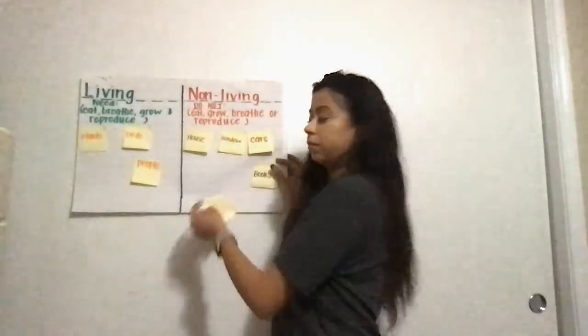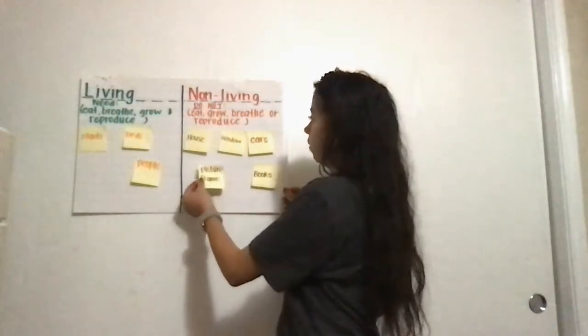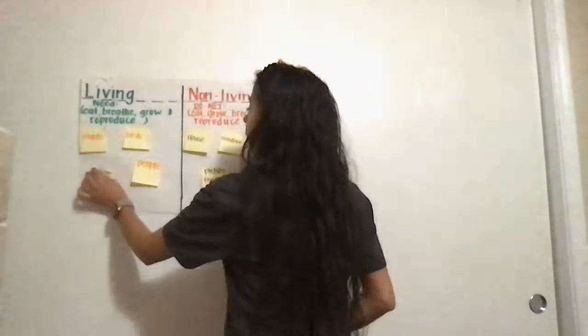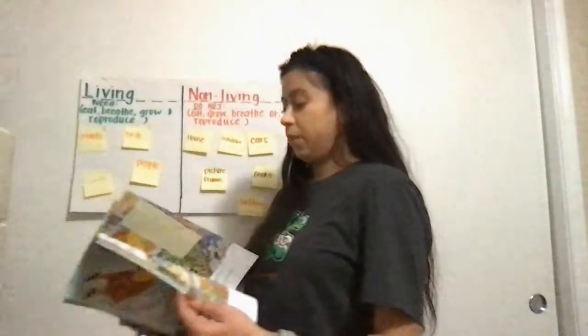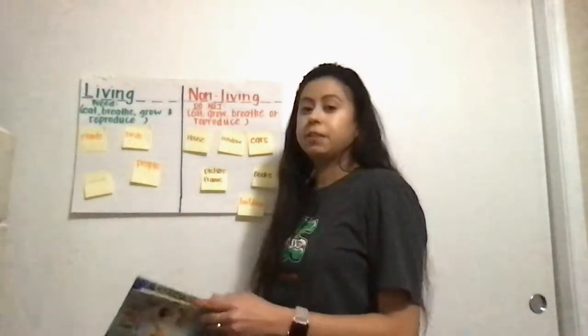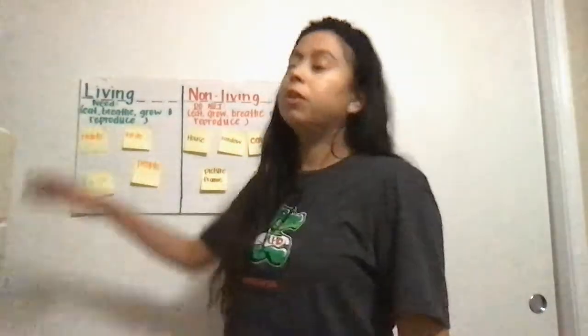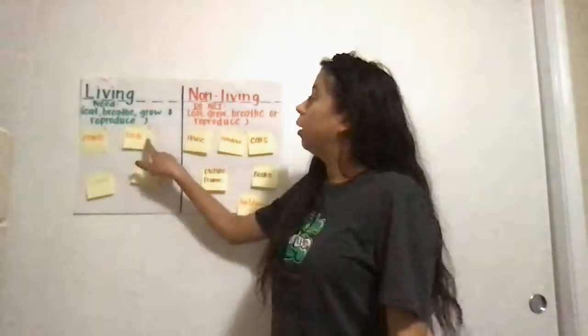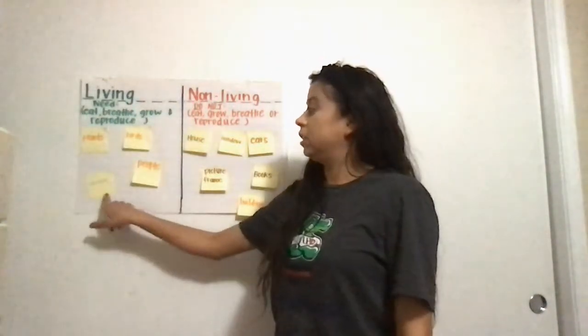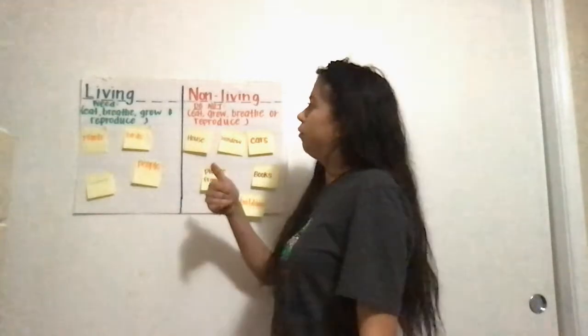Okay. We're going to talk about them right now. Ooh, we have a lot classified under non-living. Let me just talk about the ones that we classified, and I'm checking in the book. I do see those in here. So for living, we have plants, birds, chickens, and people. Give me a thumbs up if we all agree that it's on the living side.